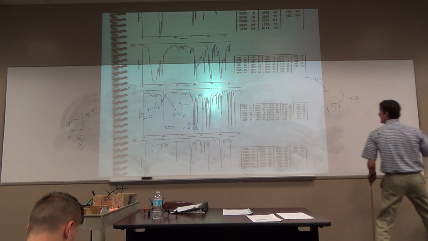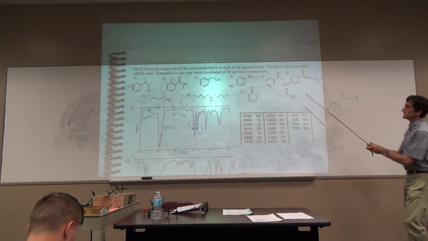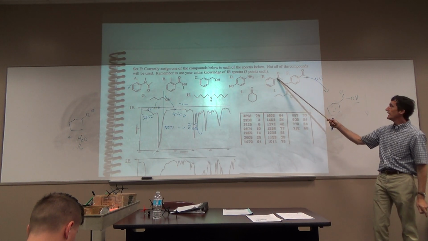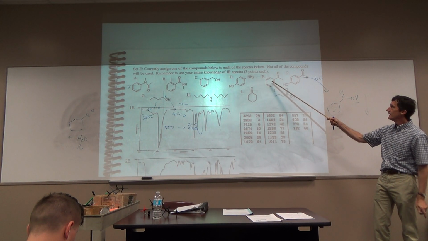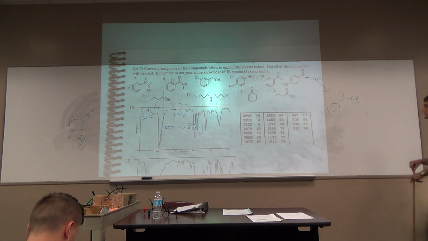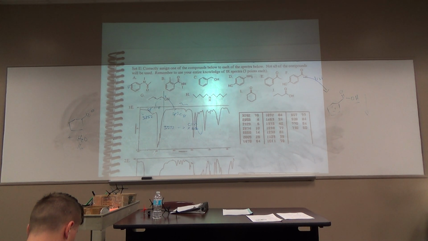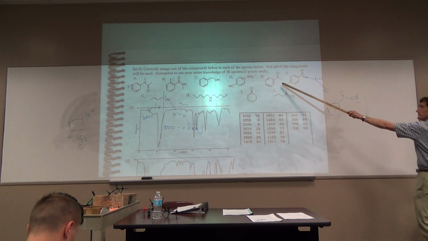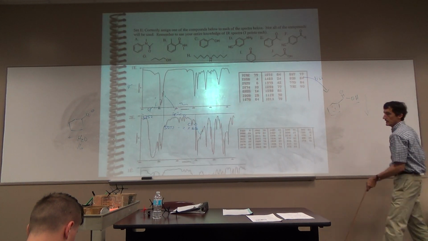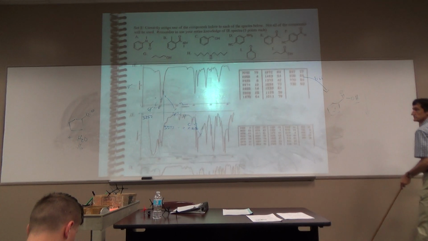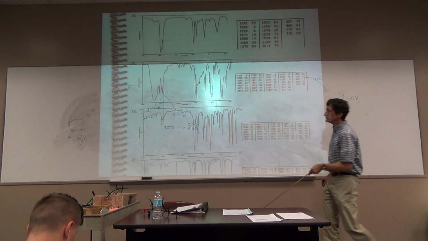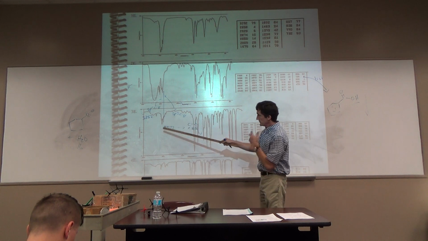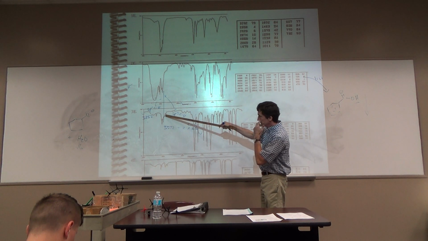What's the answer? I think the answer is this guy here. E, as in elephant. Carbonyl. Thus, it does have sp3 CH. Thus, this must be sp3 CH a little bit here. Not much.